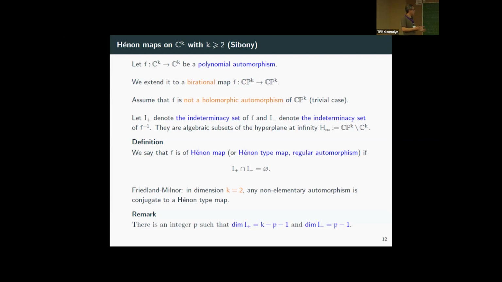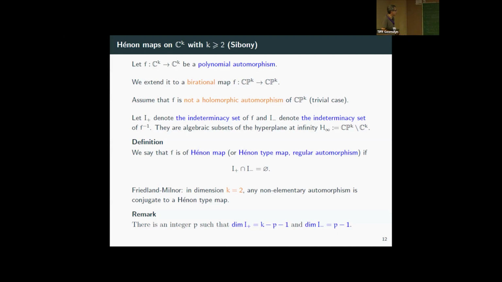A compact complex manifold is very nice, homogeneous, and so on. But if you compactify your manifold, then the map is no more holomorphic everywhere. On CK, the map is holomorphic, but sometimes it becomes holomorphic on PK, which is not interesting for us. We assume that it's not holomorphic on PK.